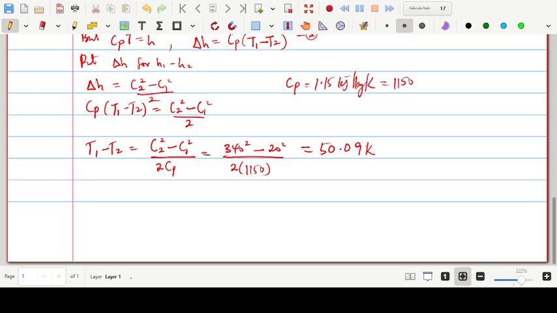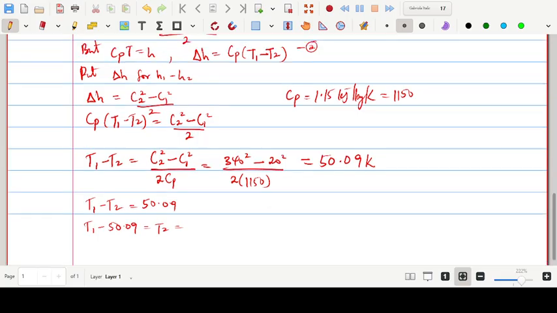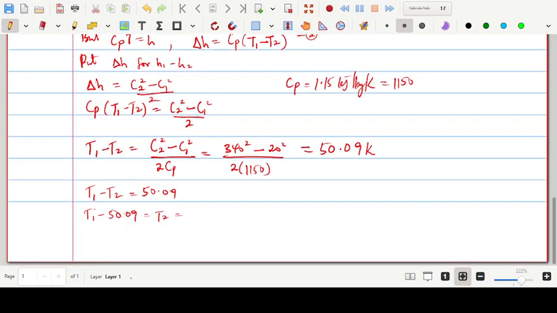So in order to go further with our solution, T1 minus T2 has given us 50.09. Since we are looking for T2, we can take that as T1 minus 50.09 is equal to T2. So here, what is my T1? My T1 was 510. So it is 510 minus 50.09.